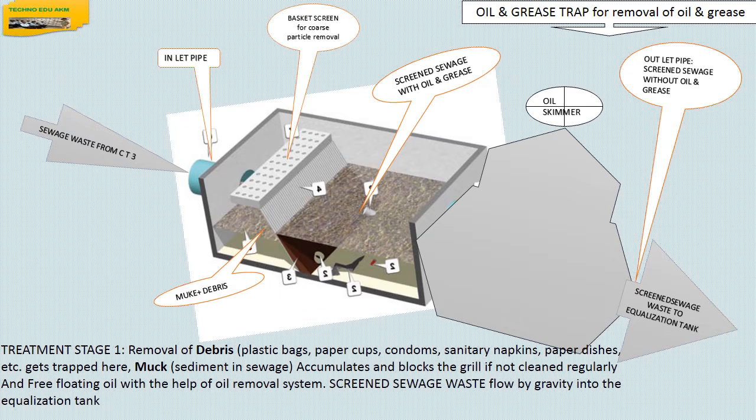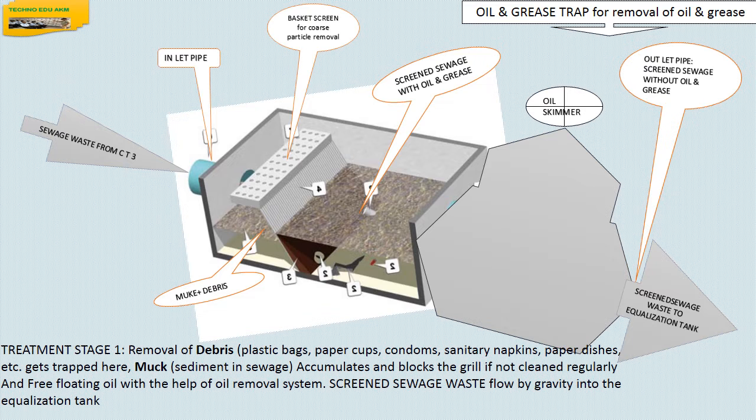Sewerage water from the building starts to enter into the oil and grease trap. The effluent flows by gravity into the basket screen chamber, where an SS type basket screen is provided. The screen arrests suspended matter such as rag, paper, vegetable waste, leaves, common wastes, etc., and has to be cleaned by hand, that is manually.